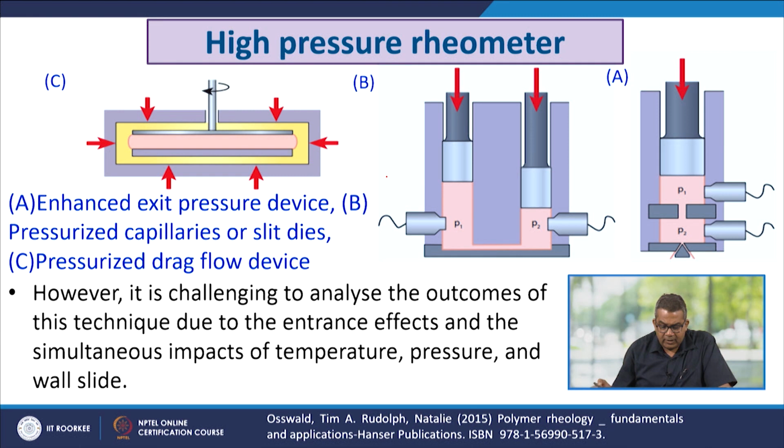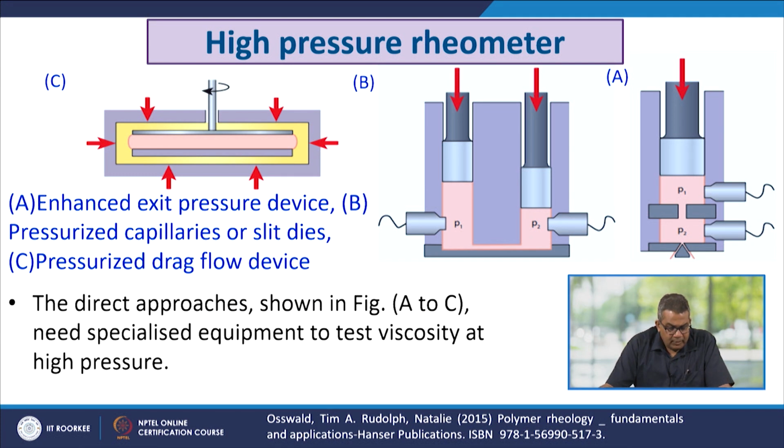Now, here you see different types of high pressure rheometers like the enhanced exit pressure device, then pressurized capillary or slit dies, then pressurized drag flow device. However, it is challenging to analyze the outcome of this technique due to the intrinsic effects and the simultaneous impacts of temperature, pressure, and wall slip.